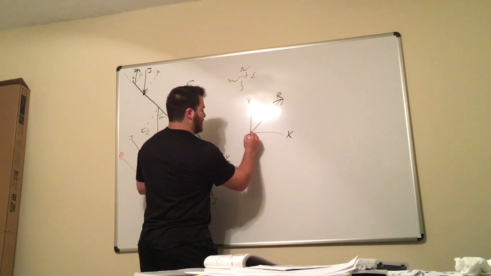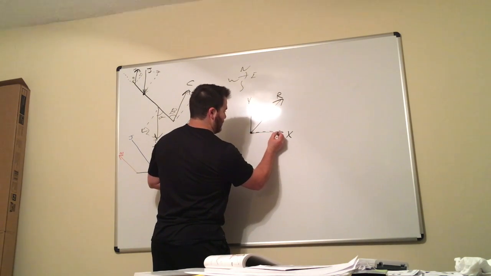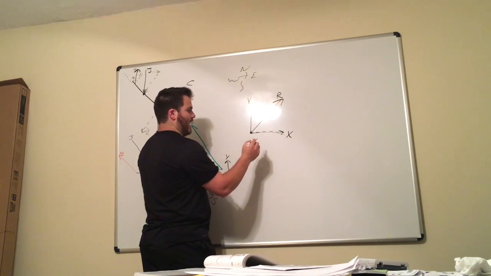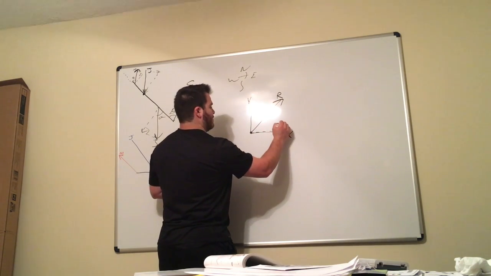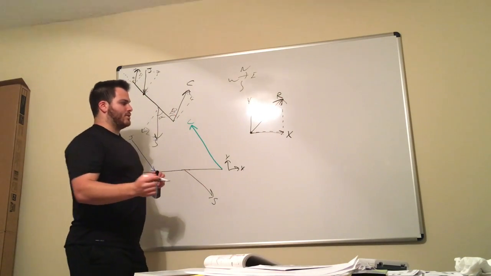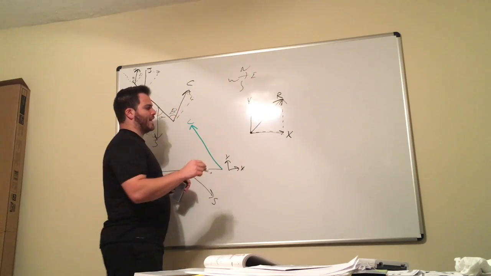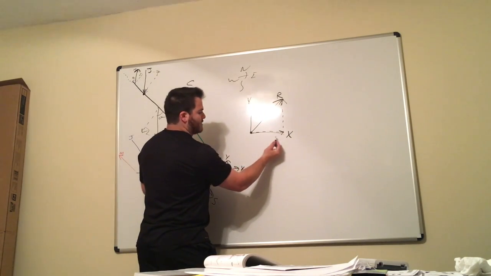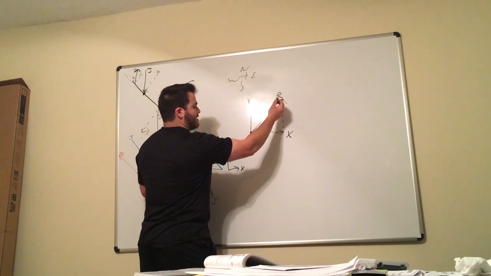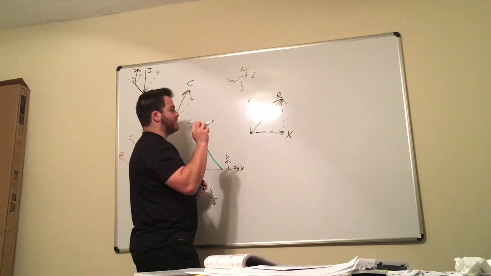There's the east portion, which is this direction, and then there's my north portion. So if I wanted to make my resultant, I'd have to walk this many units to the right and this many units up, and that would give me my final resultant.